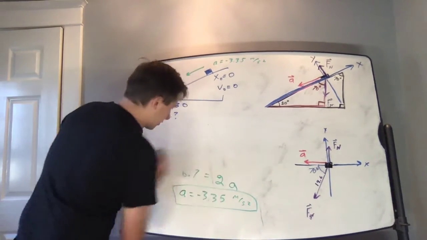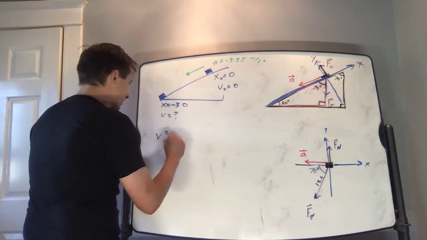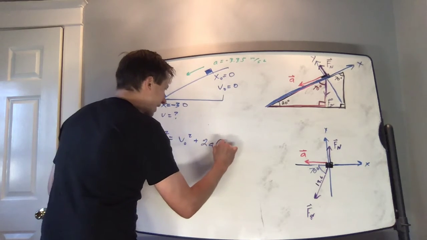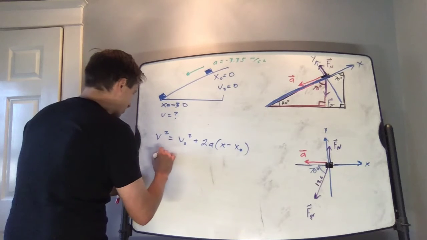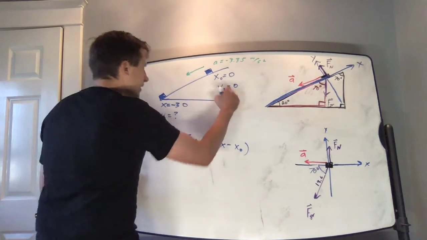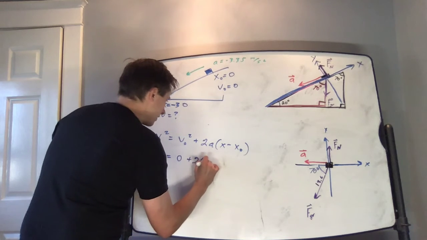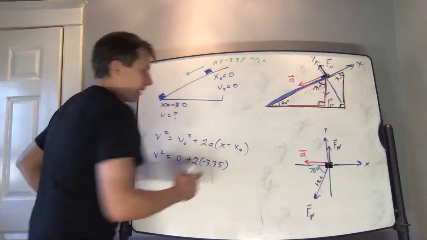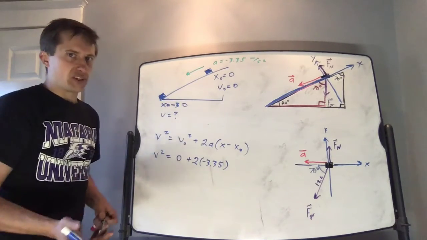So I could say V squared is equal to V initial squared plus 2a times x final minus x initial. So V squared is going to be 0 squared plus 2 times negative 3.35, times x final minus x initial. I need to be careful about plugging numbers in the correct place.